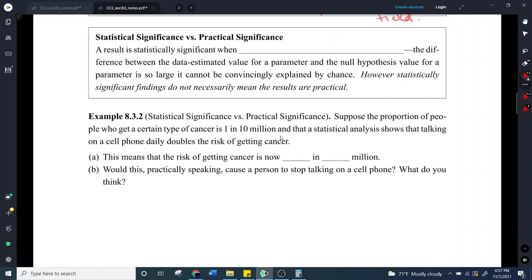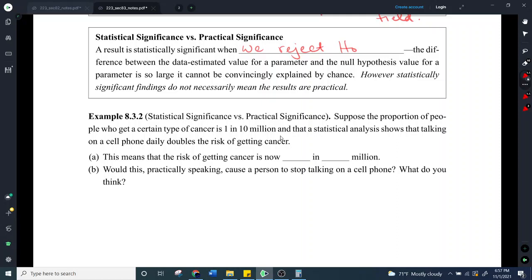Practical significance versus statistical significance. A result is statistically significant when we reject the null hypothesis. The difference between the data estimated value for a parameter and the null hypothesis value for the parameter is so large that it cannot be explained by chance.